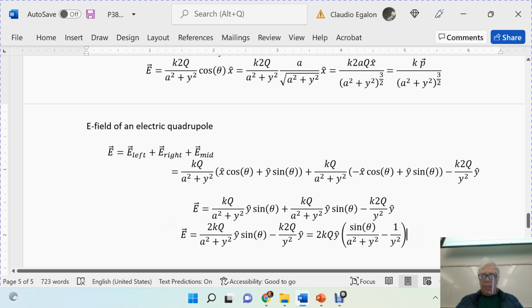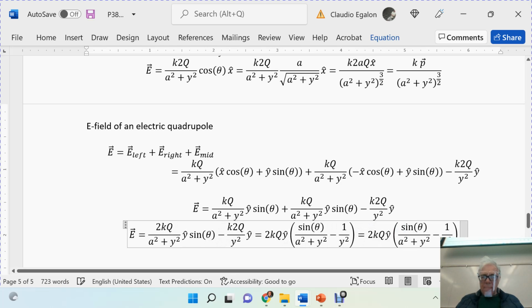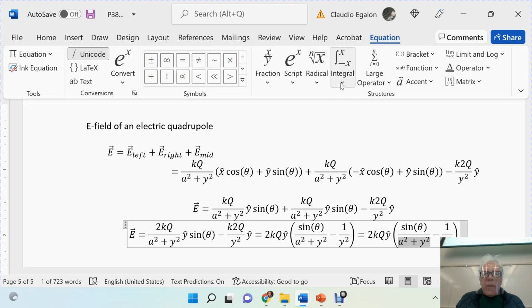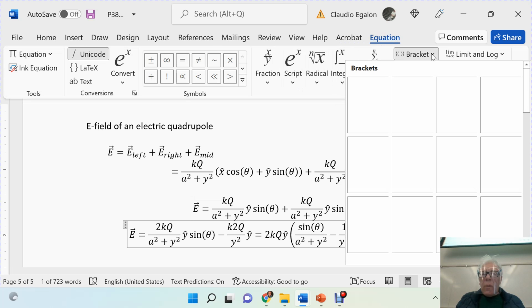Let's go to the next step. We are going to, okay, so this sign, let's get the y there. Let's put it under the same denominator first.